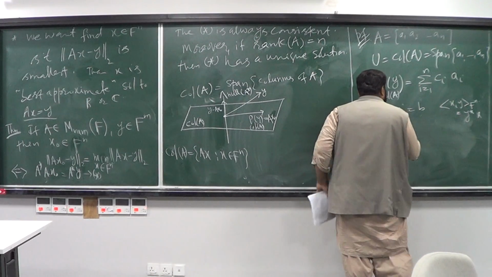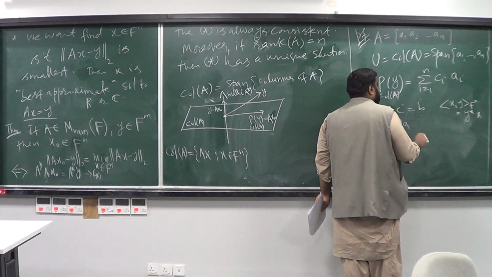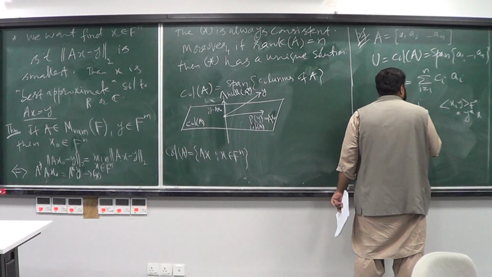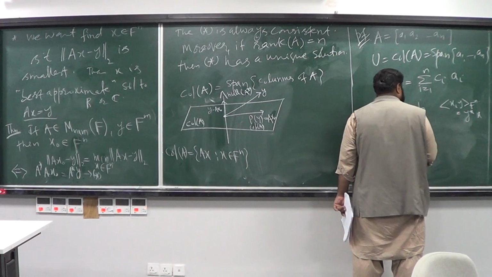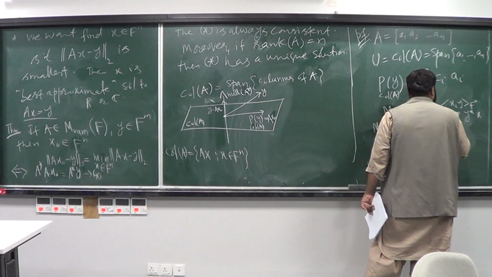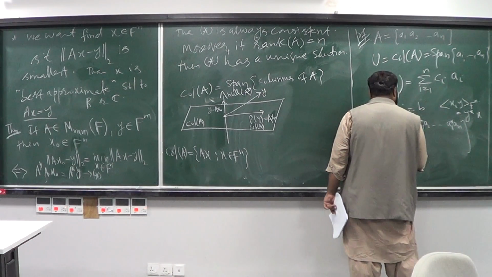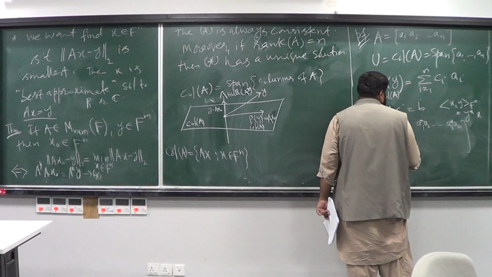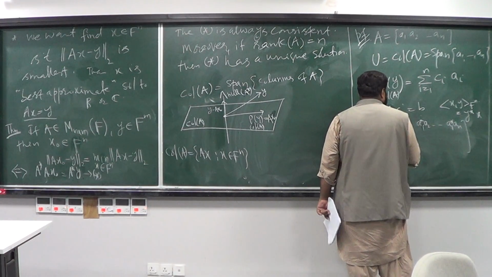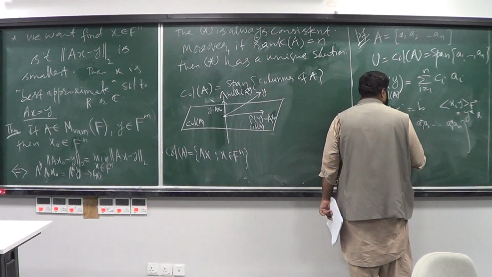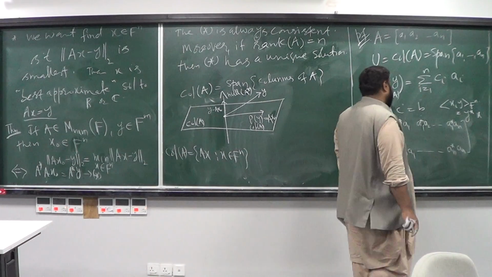So it's A1 star A1, A1 star A2, and so on, up to A1 star An, and the last row is An star A1 up to An star An.